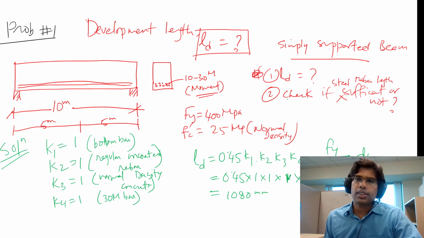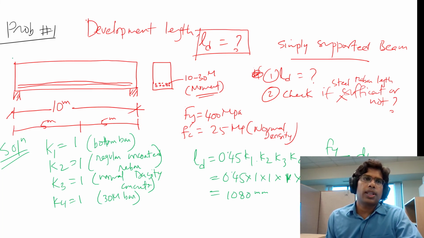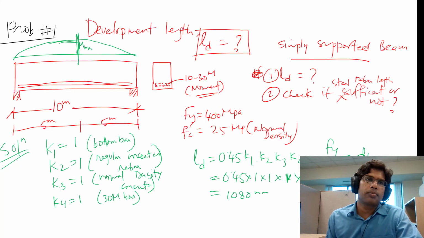Now the second part, check if it is sufficient or not. What is the available length? Available length for the moment. If I draw the moment diagram, it is something like this, right? It's a simply supported beam. At the midpoint, the moment is maximum.